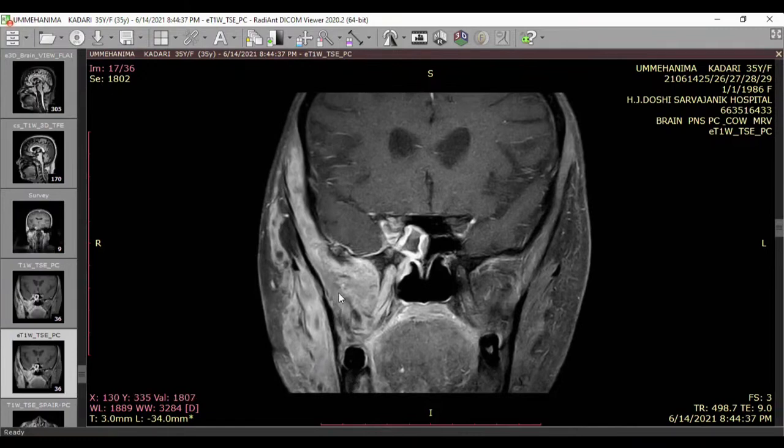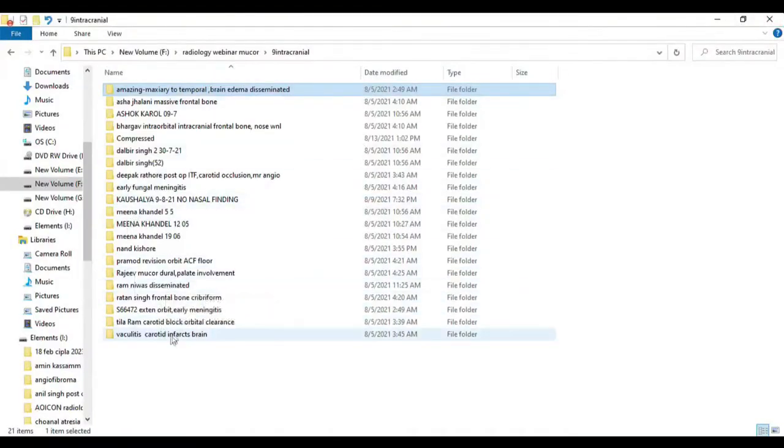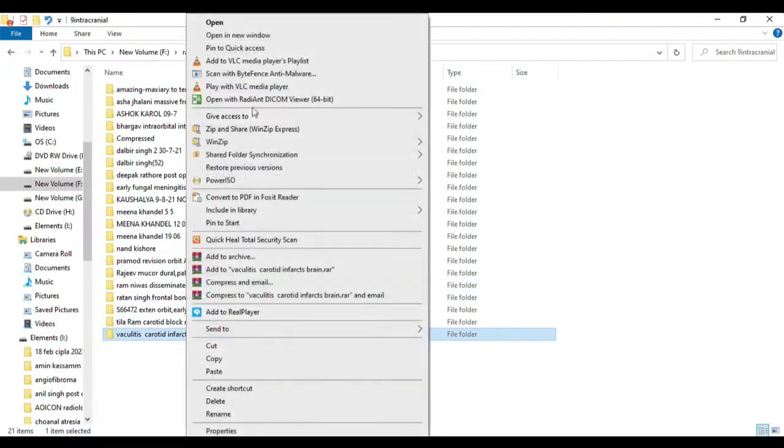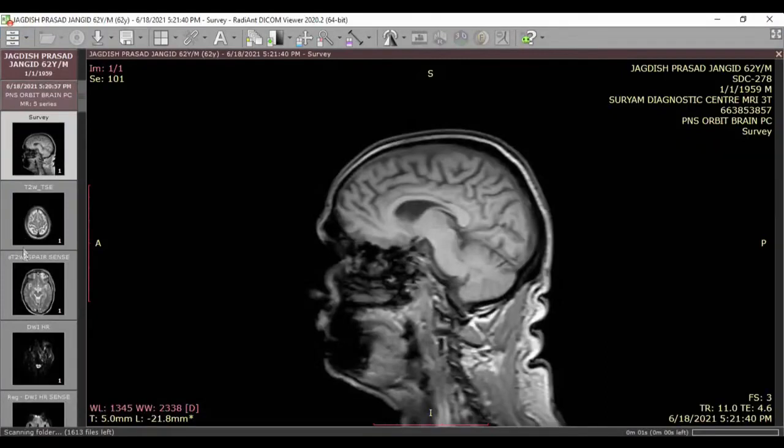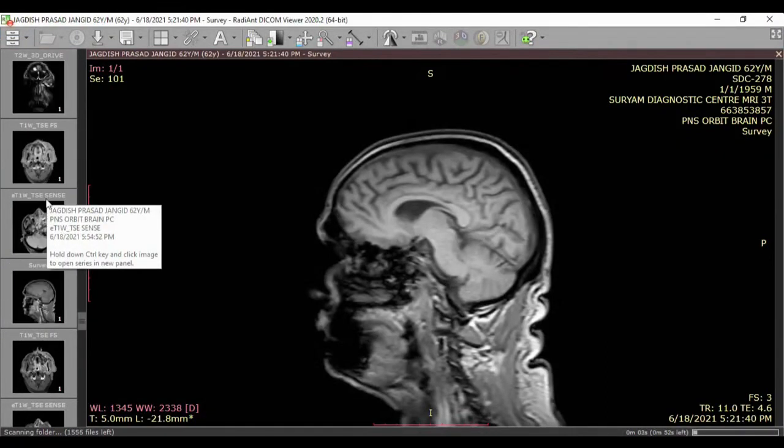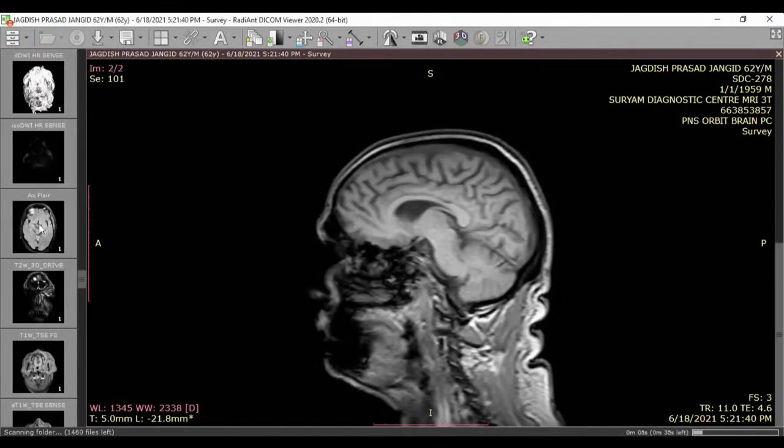All ipsilateral muscles having multiple abscesses, and you have no option but to remove everything because no antifungal is going to work. So there are such patients where those poor patients have to suffer. There is no answer to such problems.